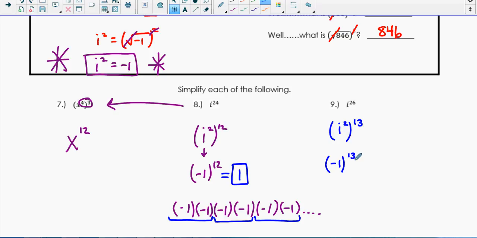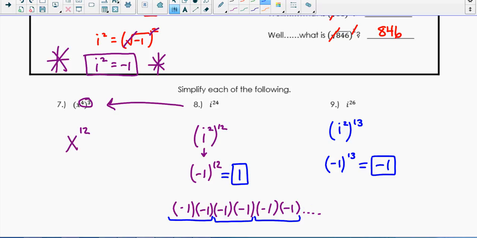If I take -1 and raise it to the 13th power, I'm going to get -1 times -1, 13 times. Everything's going to pair up and make positives, except the very last one is going to be negative, which means my answer is -1.